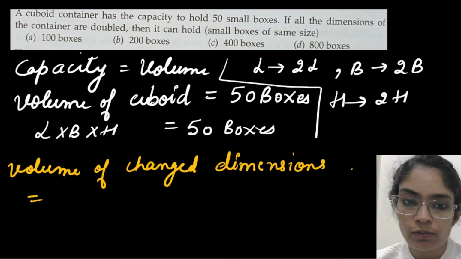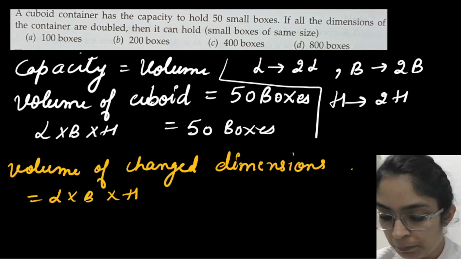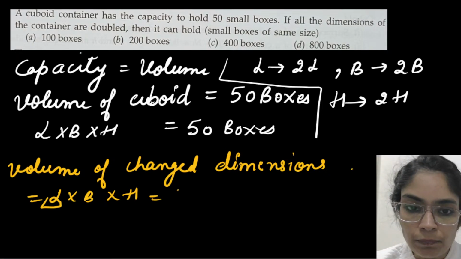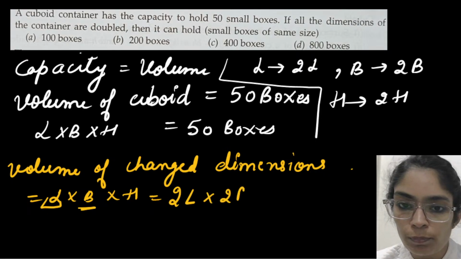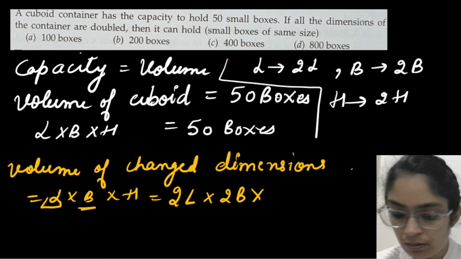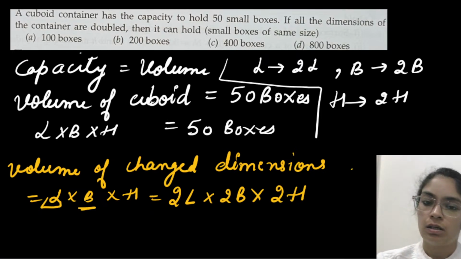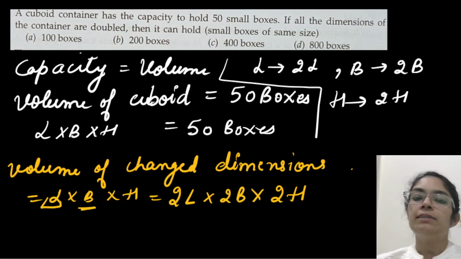Volume's formula we know, L into B into H. L has now become 2L, B has become 2B, and H has become 2H. I hope you are understanding, the dimensions are doubled.